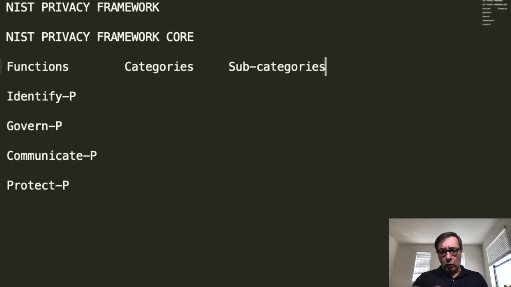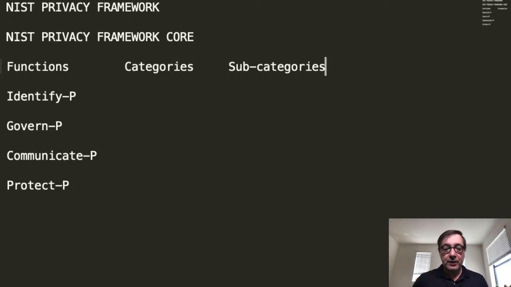So starting out with the core. Structurally, this is how the framework creates increasingly granular dialogue. So it begins with functions, right here, which really organize the foundational privacy activities at their highest level. And being five simple words: identify, govern, control, communicate, protect, all with the -P for privacy.